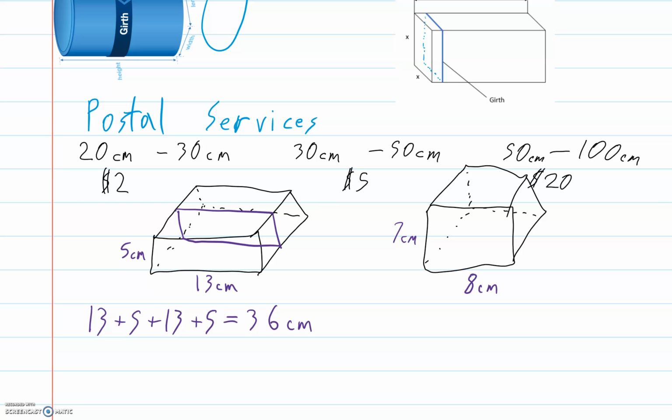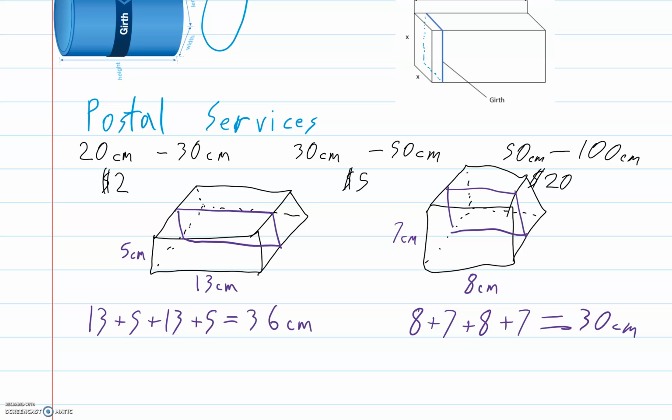Whereas this shape here, let's see if this is any different. We have 8 centimeters at the bottom, plus 7 centimeters, plus 8 centimeters, plus 7 centimeters. And so if we add those up, that would get us 30 centimeters of girth.